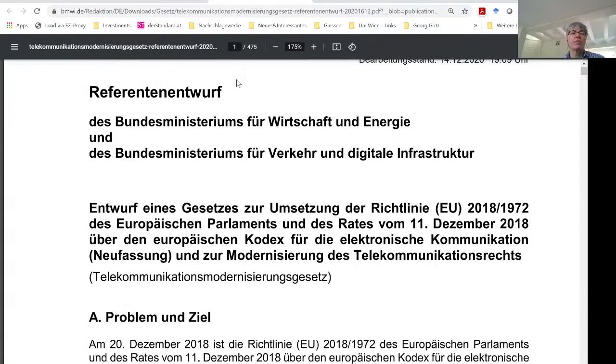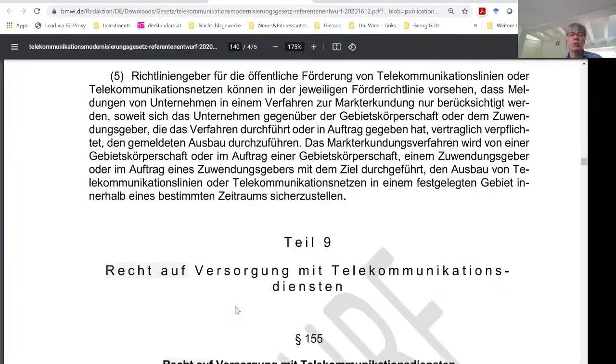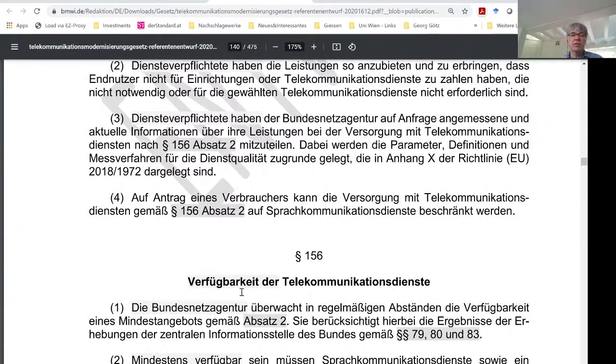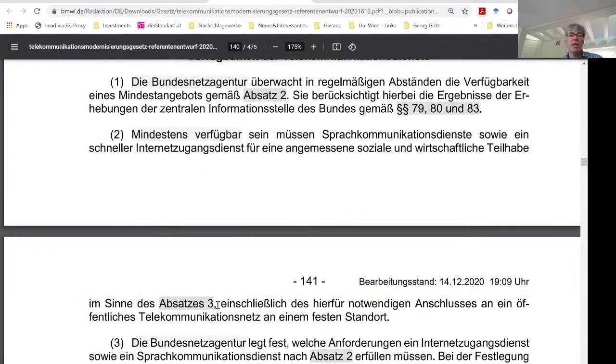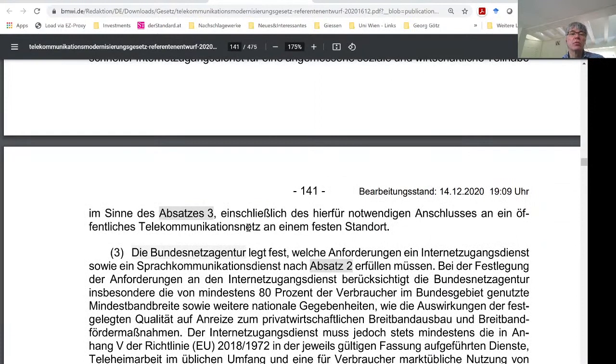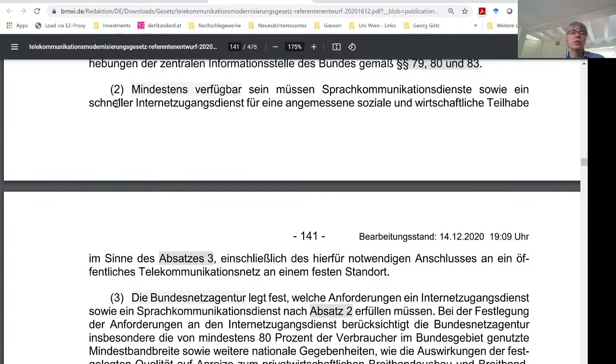And here, I think I should go, I somewhere mentioned it to page, I don't know, 140 or so, where you see what Universaldienst, yeah, that's it. So Verfügbarkeit der Telekommunikationsdienste. So you get a legal right to get, so wie ein schneller Internetzugangsdienst, okay?